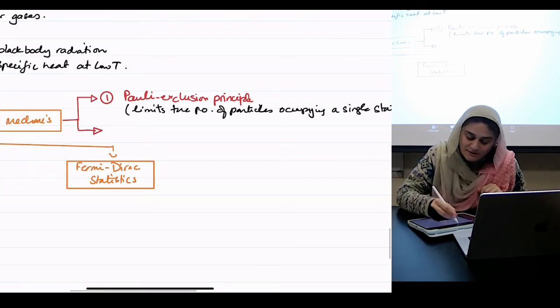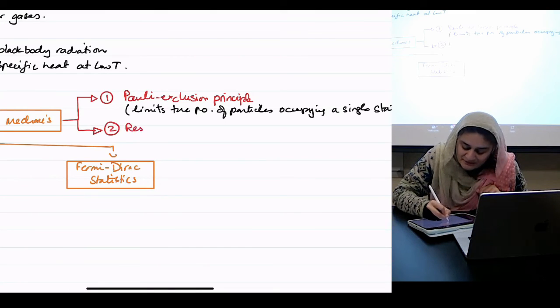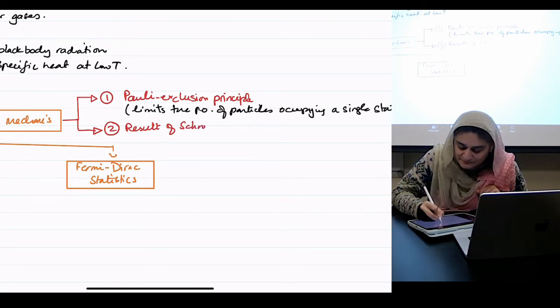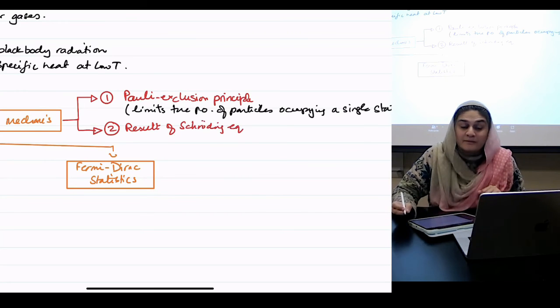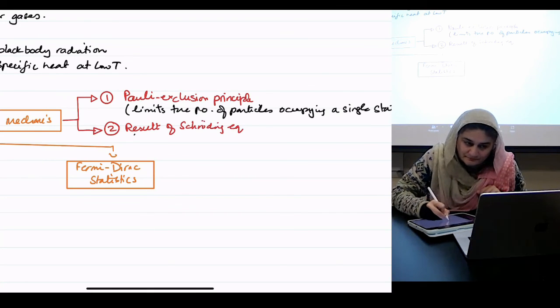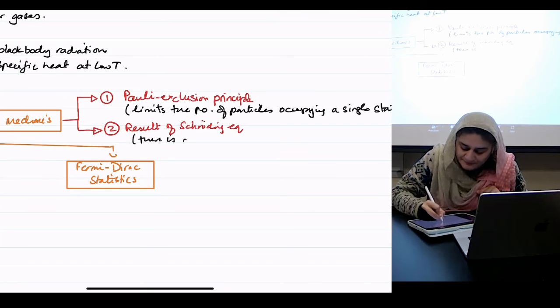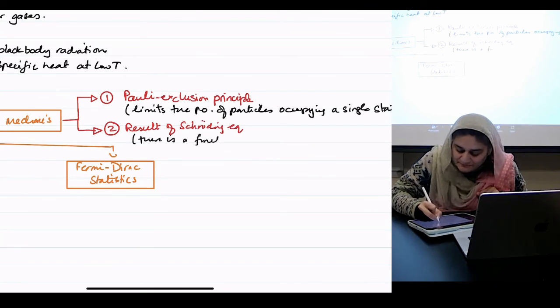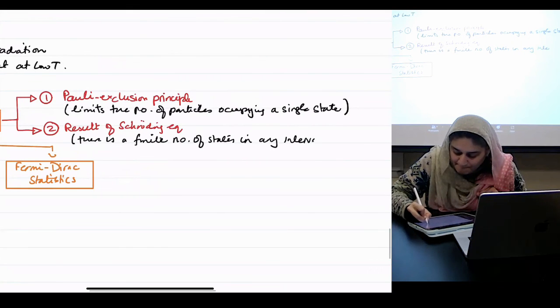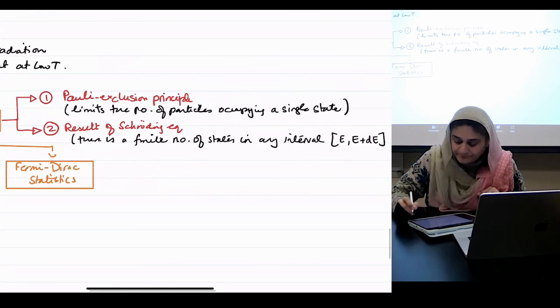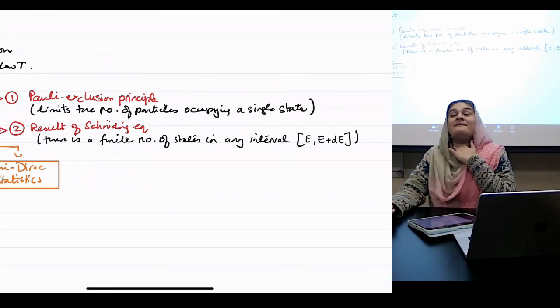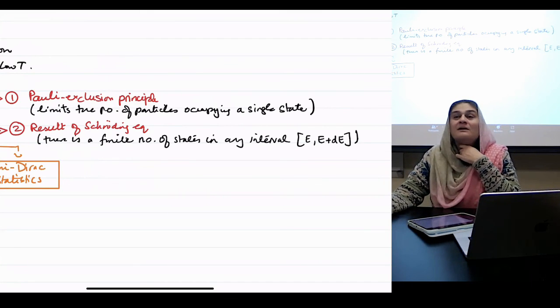And the second one, which is the result of Schrodinger's equation, says there is a finite number of states in any interval E to E plus delta E. You cannot have an infinite amount of states in any interval.